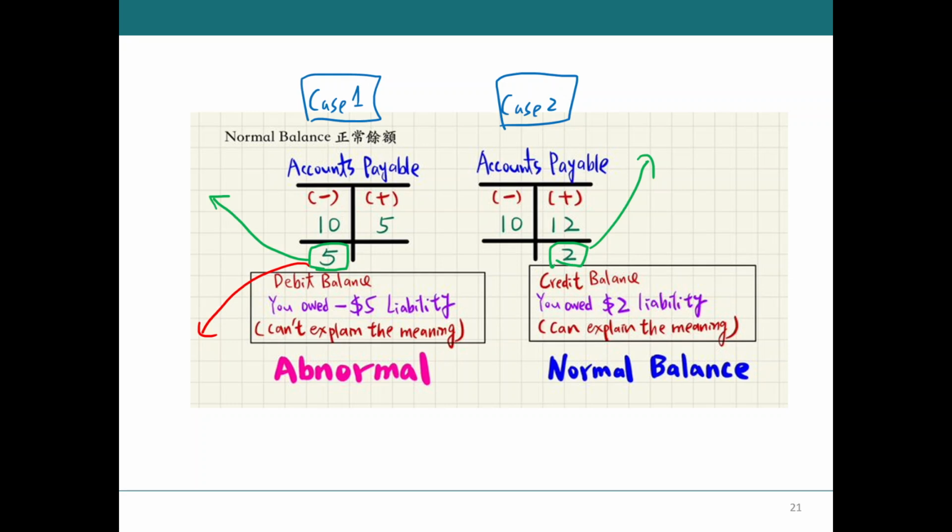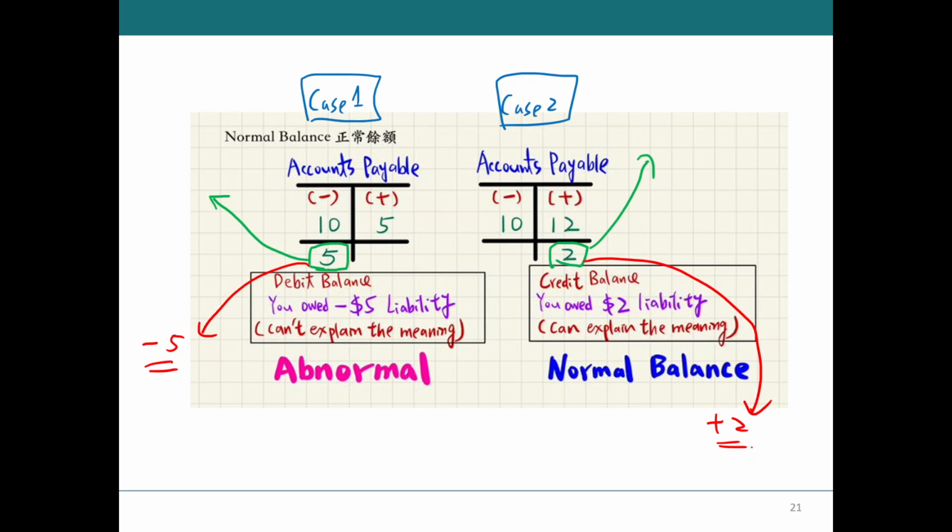Liability decreases on the debit side, increases on the credit side. Okay? So that $5 means minus $5. For case 2, that $2 means plus $2.